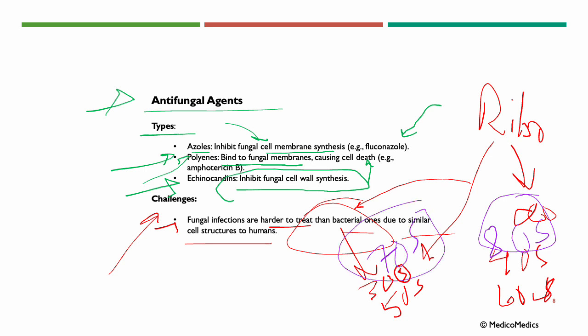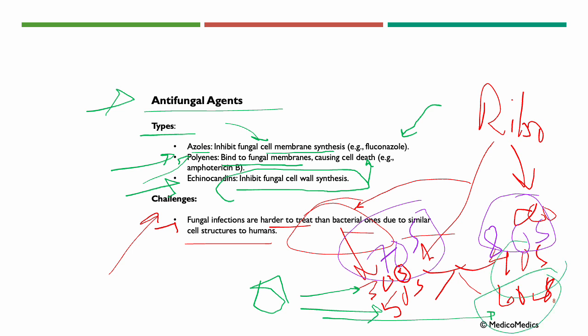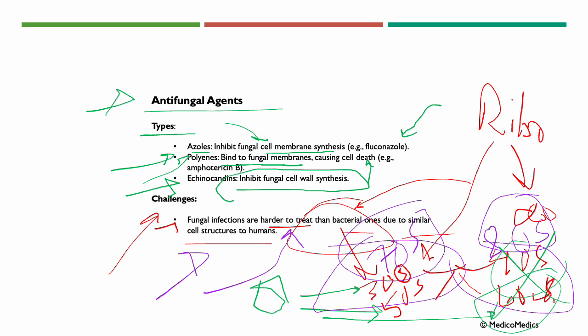And this differentiation helps us in developing drugs to specifically target these different things without actually targeting human ribosomes or preventing human synthesis of proteins, etc. Now, in fungi, this is a bit tricky because we don't have this same differentiation, so it is indeed harder to treat.